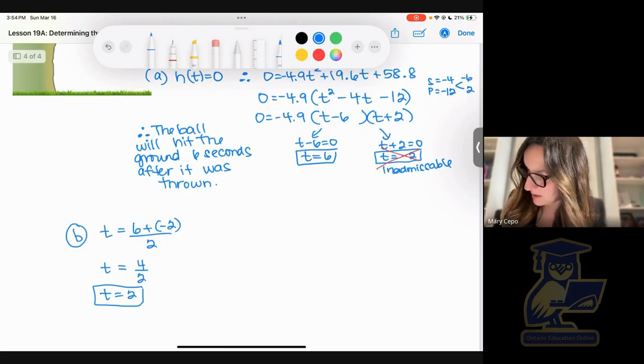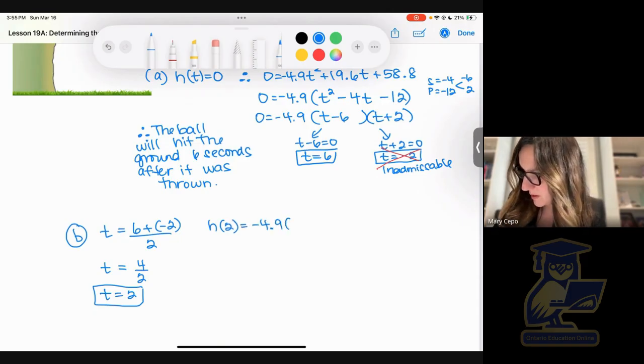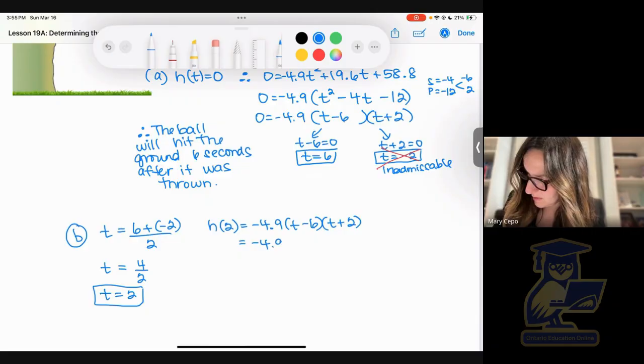Again, we're going to sub it into h of 2. I'm going to take the factored form and sub in my t value of 2: 2 minus 6, 2 plus 2.